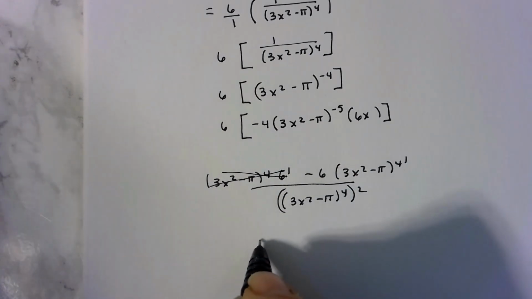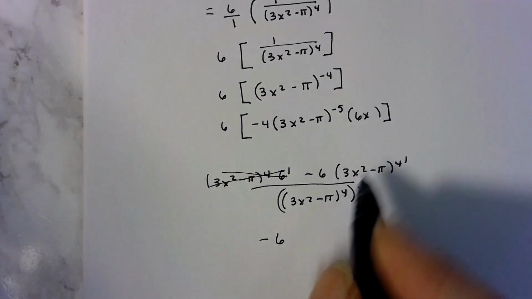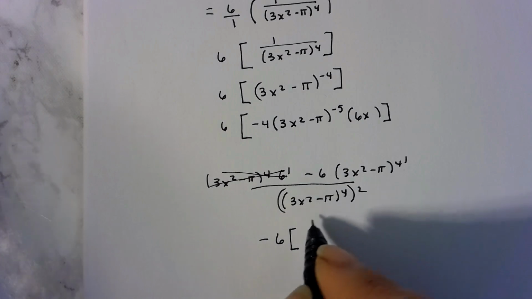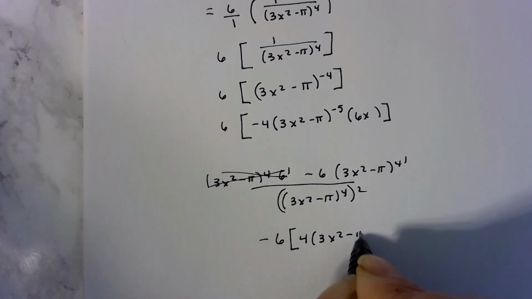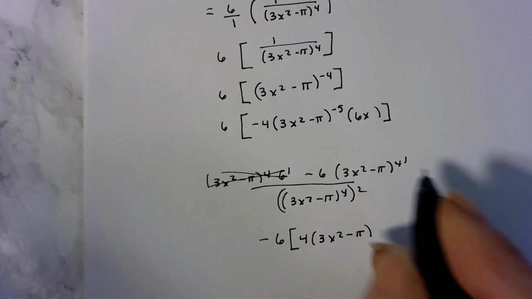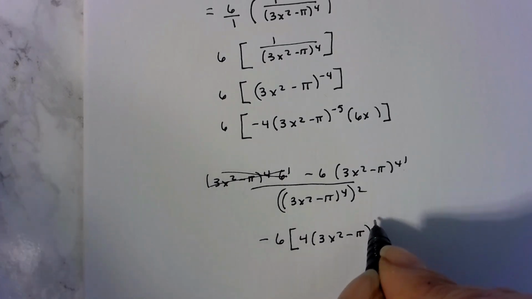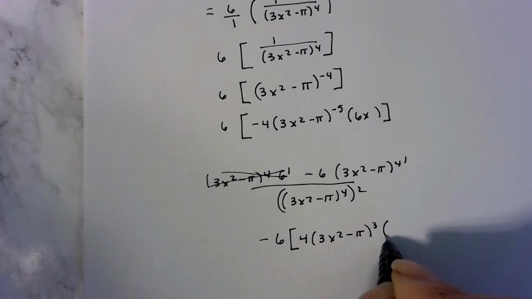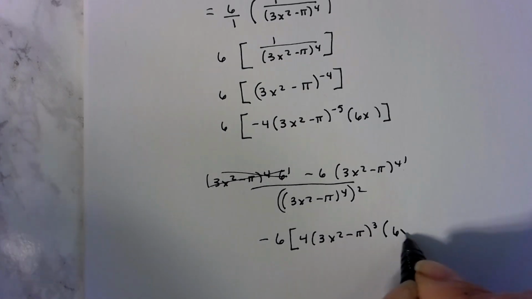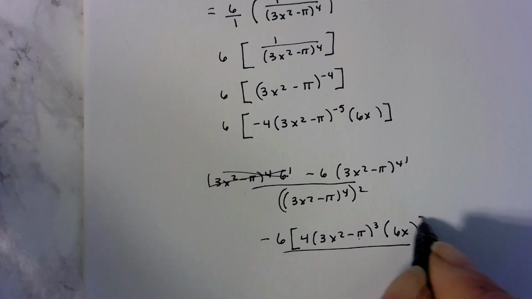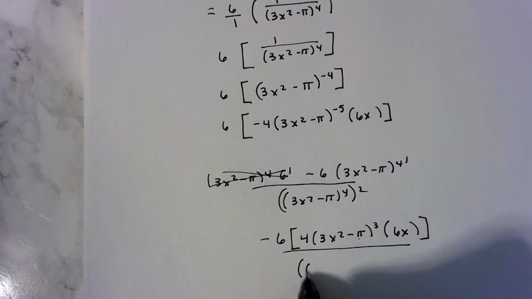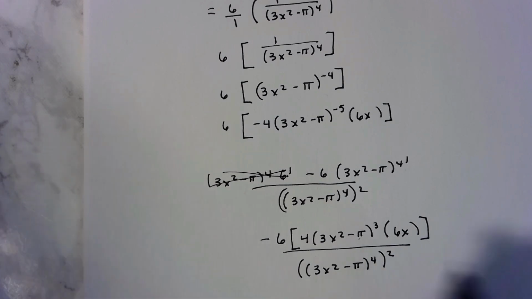So what I'm left with is -6. Now derivative of this is going to be 4, recomposed with the inside. 4 minus 1 is 3, times derivative of the inside is 6x, derivative of pi is 0, all over (3x squared minus pi to the 4th) quantity squared.